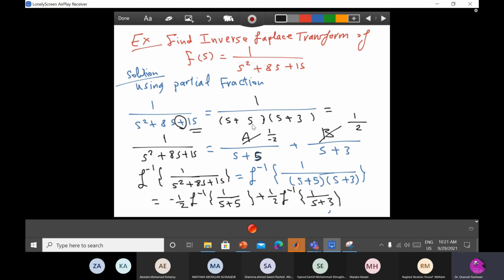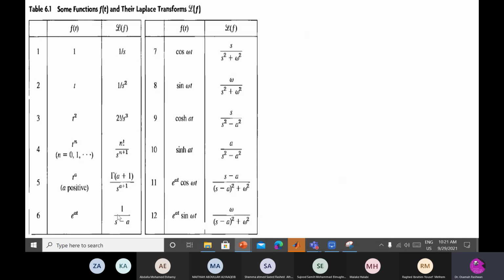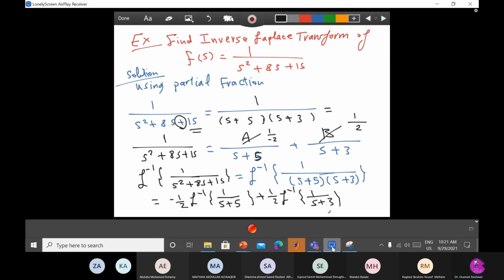I think I have seen this one before, and also it is in my table. The Laplace transform having 1 over s minus a has the original function e to the at. So you have to write it as s minus, right? So this plus, you can make it minus minus 5, and this one minus minus 3.